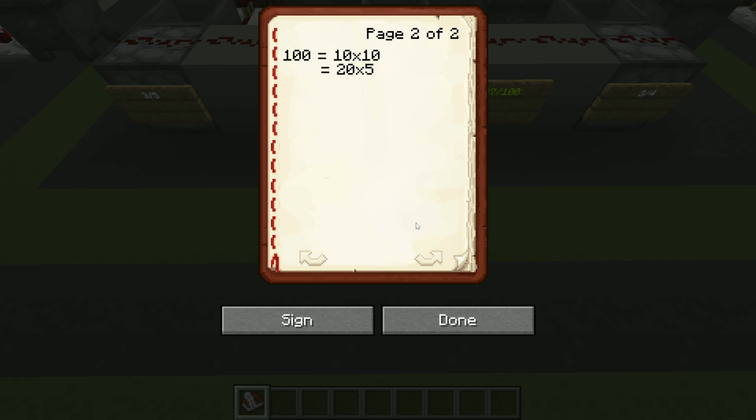But the problem with these is that the 10 is too big, right? We can only use factors 1 through 9 because that's all the dropper enables us to. Same thing with the 20, it's too big. So what we have to do is split the 100 up into even smaller factors. So one way we can do that is 2 times 2 times 5 times 5.